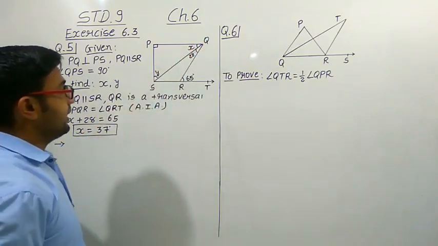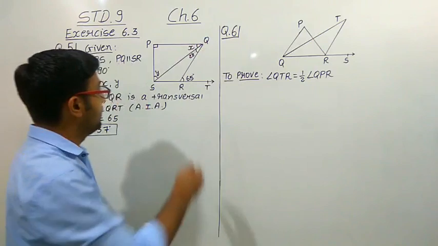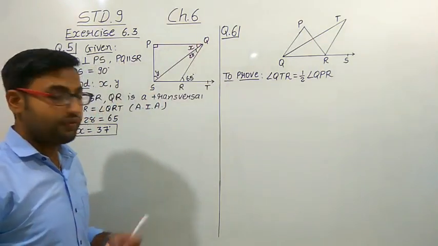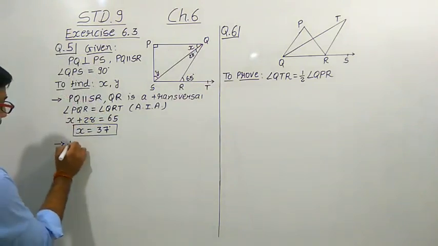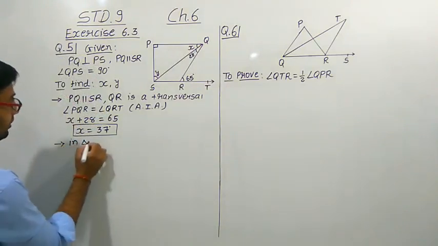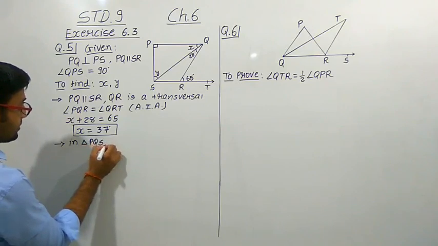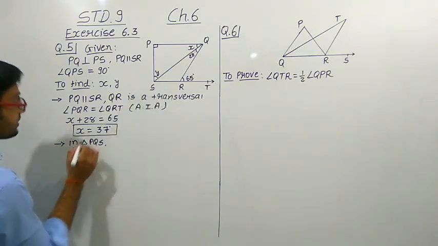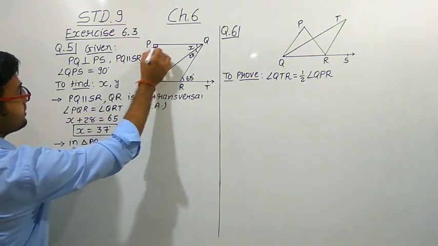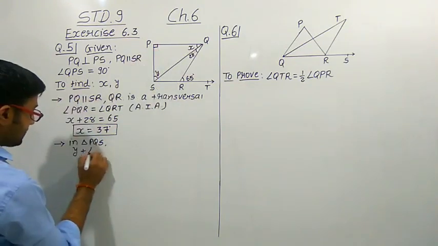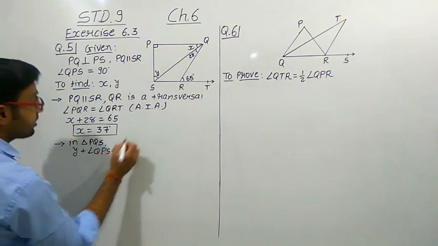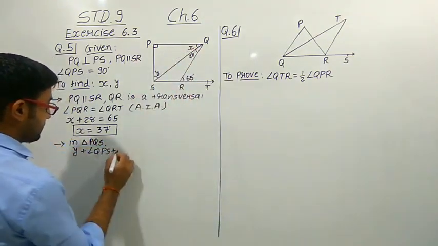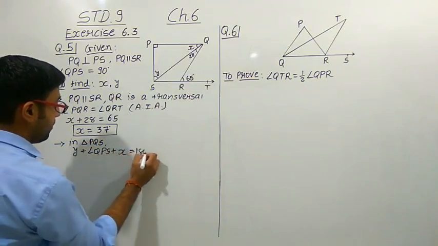So when we apply the angle sum property of the triangle for triangle PQS, we can write that in triangle PQS, the first angle is Y, the second angle is QPS, and the third angle is PQS, that is X. The total will be 180 degrees.